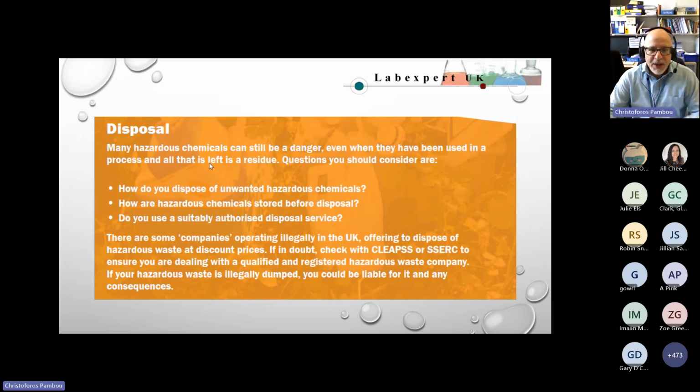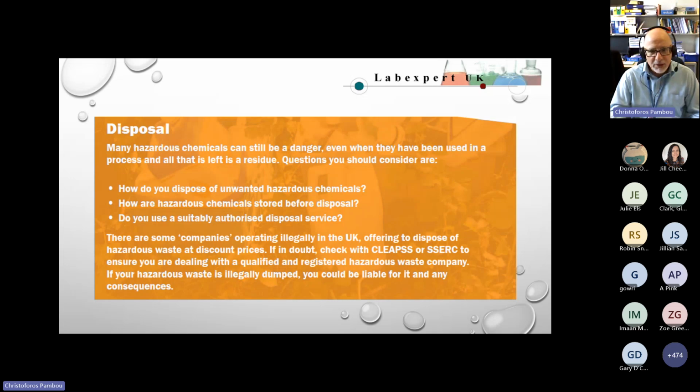Disposal. Again, many hazardous chemicals can still be a danger even when they have been used in the process, and all that is left is a residue. Some chemicals we can safely dilute and dispose of down the drains or the foul sewage, but there are certain chemicals that we cannot.